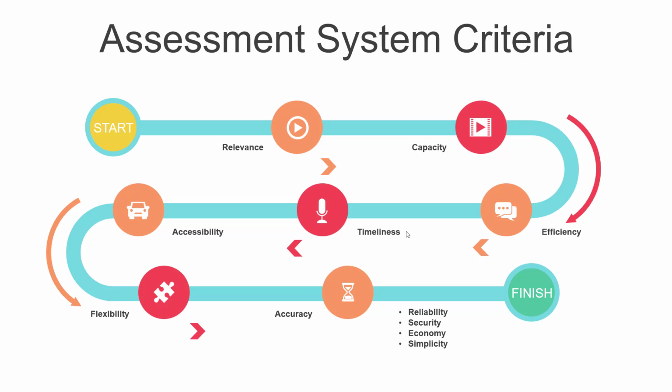And accuracy, of course, is how the UI UX makes everything in the design accurate. And then the next is reliability, and then security, of course, the economic, how the information system makes the economics more efficient, and the simplicity is from the design.